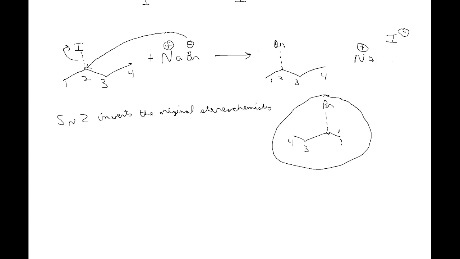But that's probably not the easiest thing to do. The most intuitive thing to do is instead to swap the thing that's on the wedge with the thing that's on the dash. So this would also be a correct answer, and this is the easier way. This is what we wrote originally. So either of these two pictures would be correct because they both have made a single swap from the original. Okay.